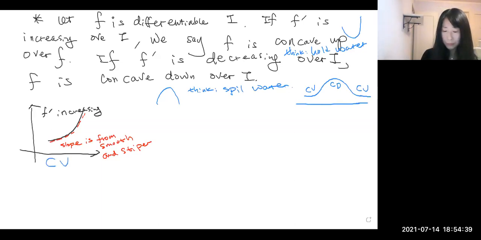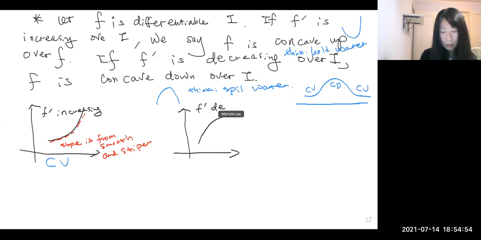How about this one? The graph is like that, then f prime is decreasing.